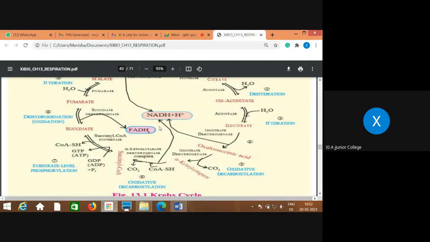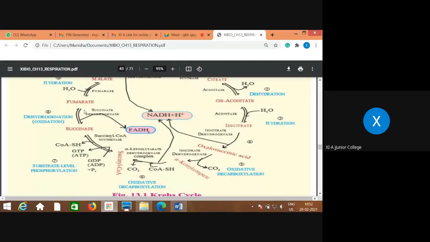So this is the next step where FADH2 is produced. Flavin. Here it is nicotinamide adenine dinucleotide, that is NADH2. These are the different types of coenzymes which are required in the cycle.